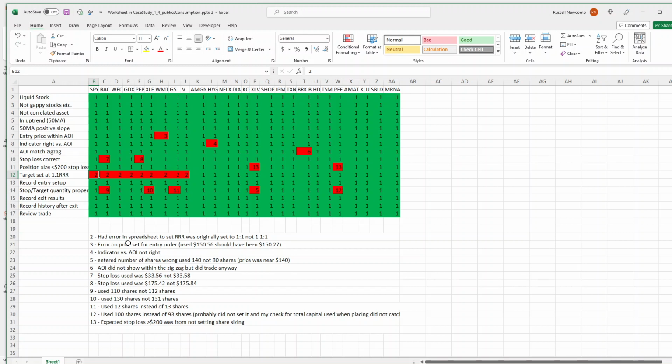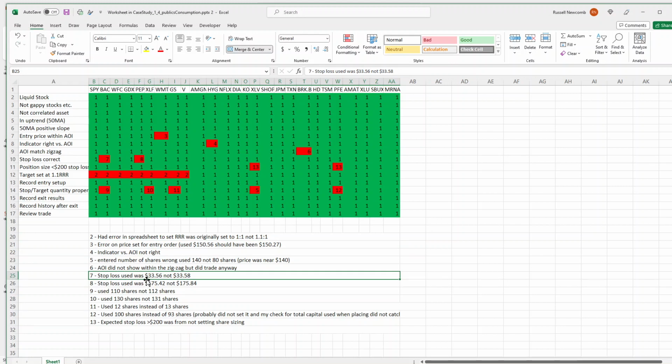And then like for here, I had mistyped the price on the entry. That was an entry price. So I got filled. This is a couple of pennies outside the area of interest, but that's still a violation.